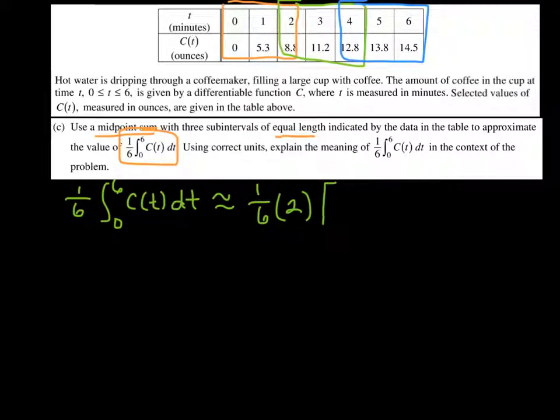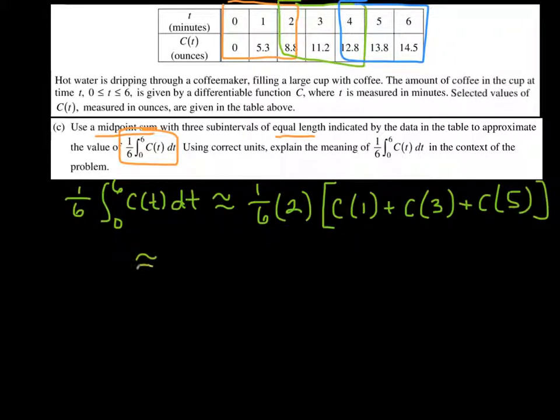Now I need the heights. So for midpoint, I am going to use the heights in the middle of my rectangles. So specifically I want the y values of the middles. So if I were to write that out, I would say c of 1 plus c of 3 plus c of 5.